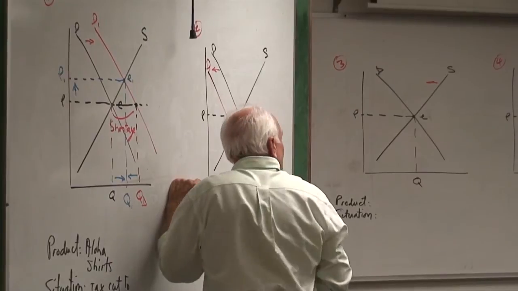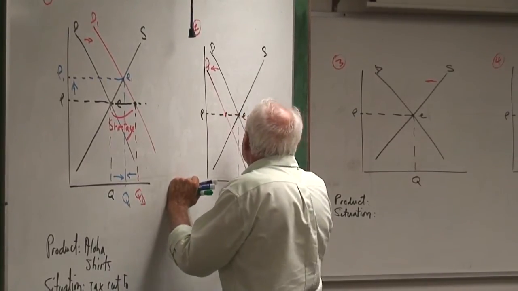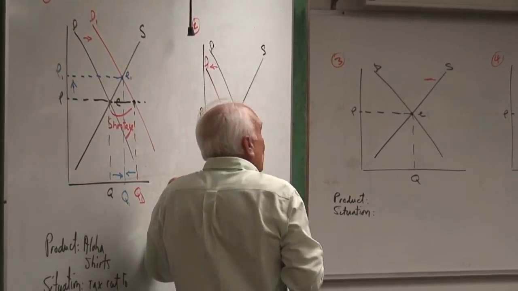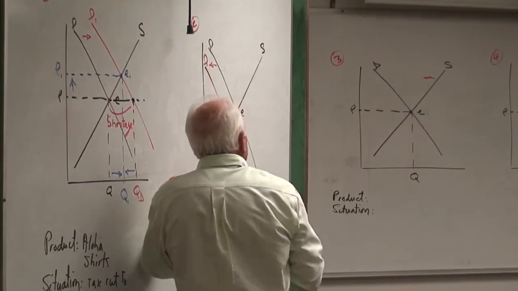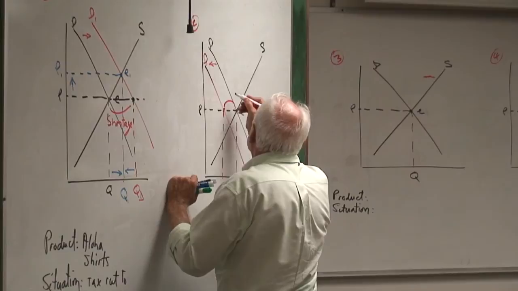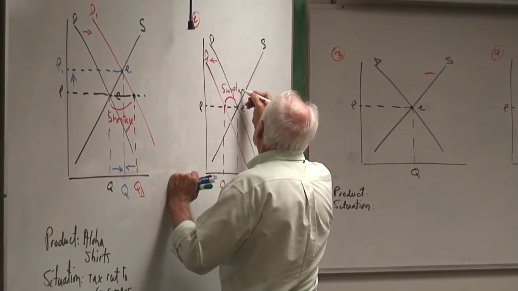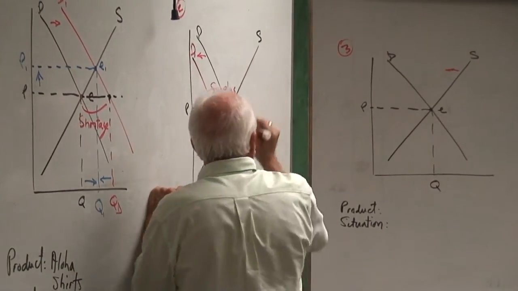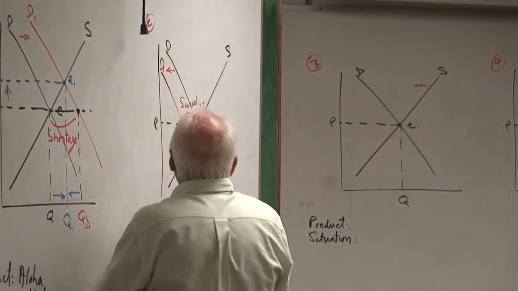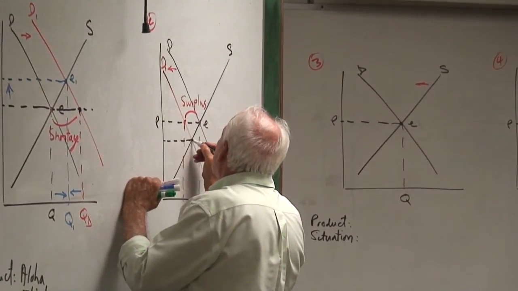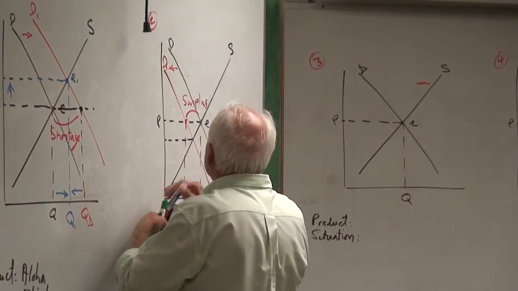So okay, in that case, the demand drops. So at that price, people don't want as many as they wanted before. So the demand is less than before. And that leaves us with a surplus of Aloha shirts that people are willing to produce at that price, but nobody's buying them. So then they bid the price down to a new lower equilibrium level.